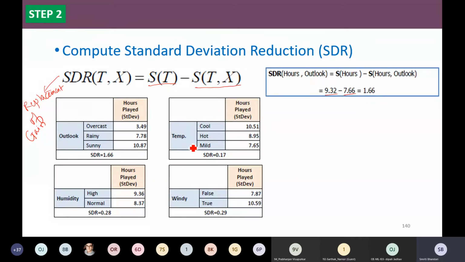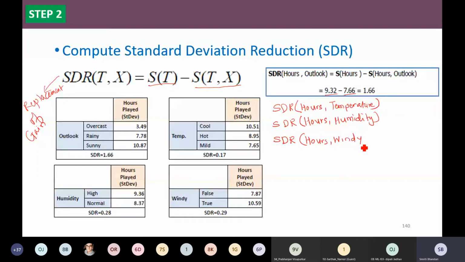Similarly, we are going to compute SDR(hours, temperature), then SDR(hours, humidity), and we are also computing SDR(hours, windy), these three attributes.